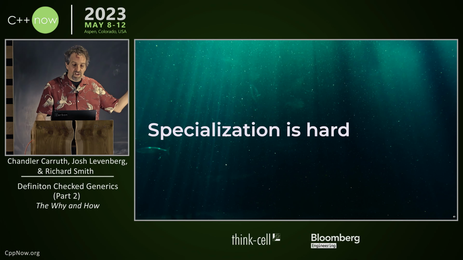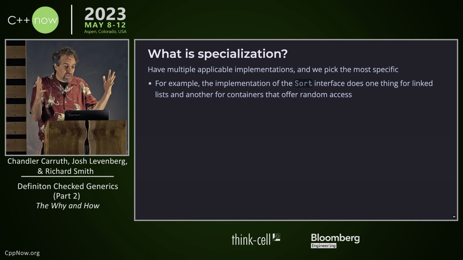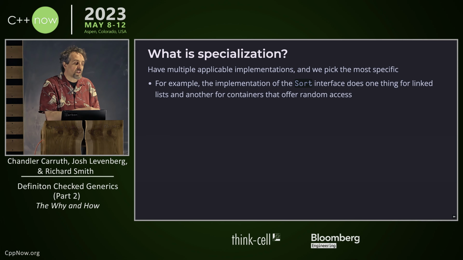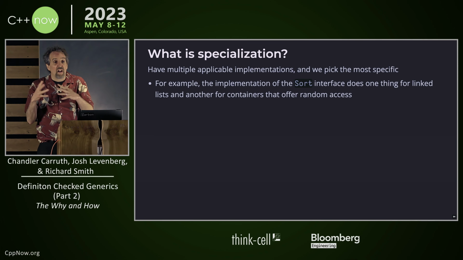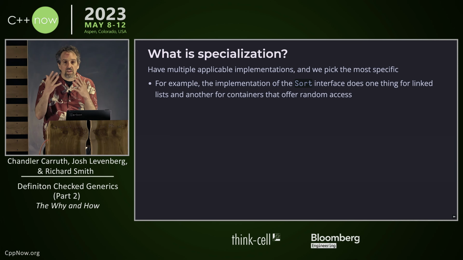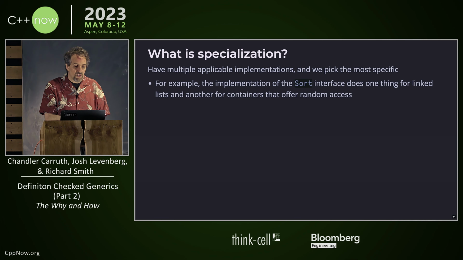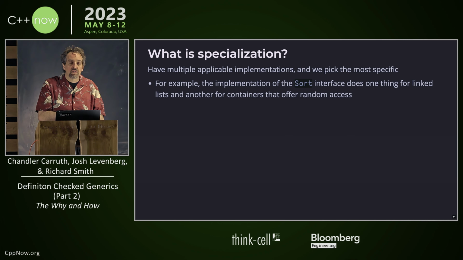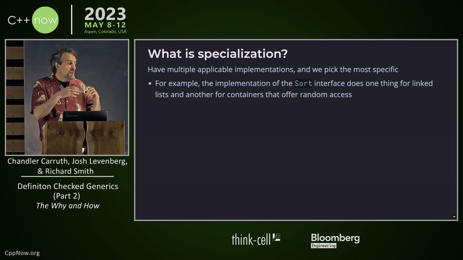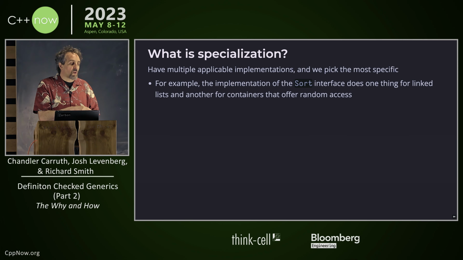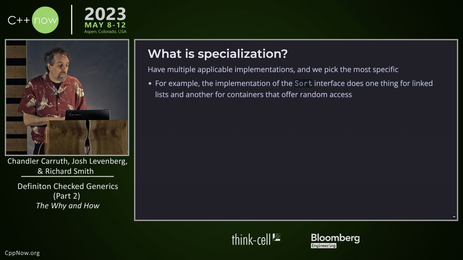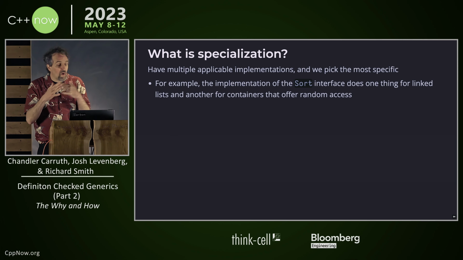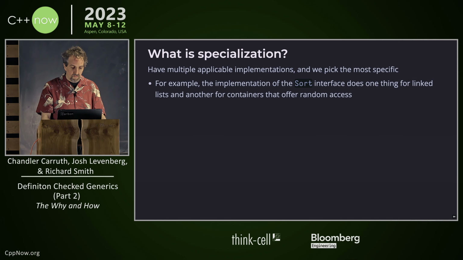Okay. Specialization. So what is specialization? This is when you have multiple implementations for the same interface that are applicable to the same type and interface combination, and we're going to pick the most specific one. If you imagine you have a sort interface, maybe there's an implementation that's very general that works all the time, even on linked lists, but there's a more specific implementation that works when you have random access to the container.